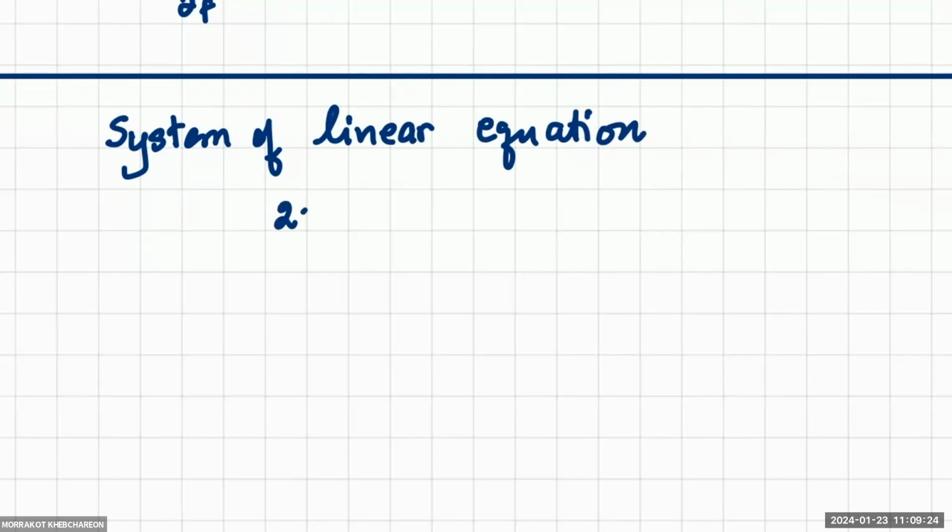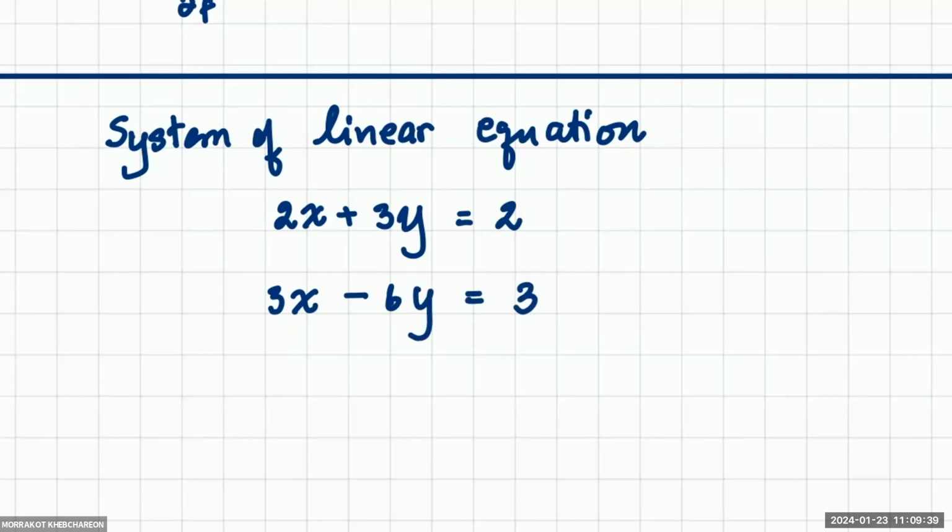For example, when you have ax plus by. For example, this is what I call 2 equations and 2 unknowns. The 2 unknowns are x and y.